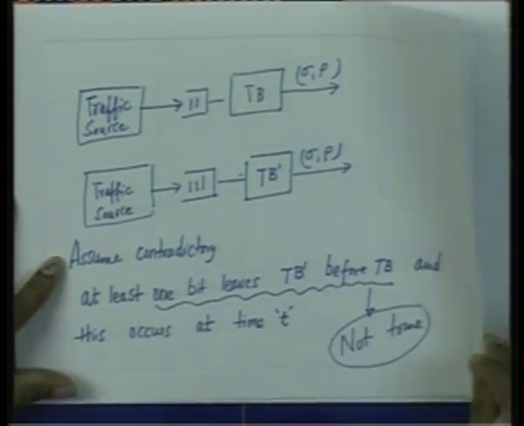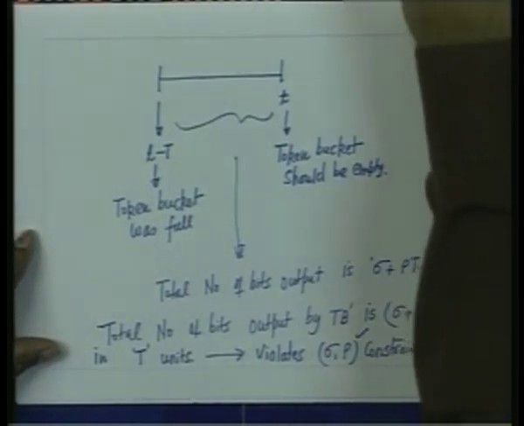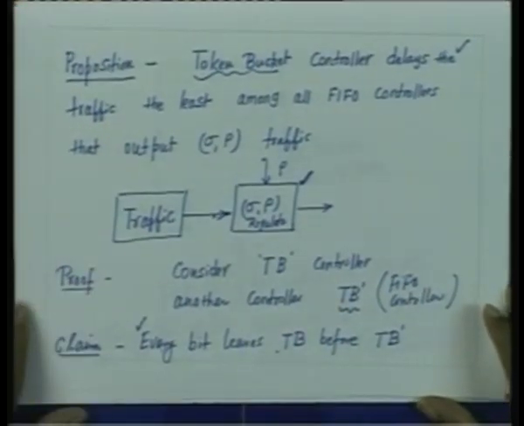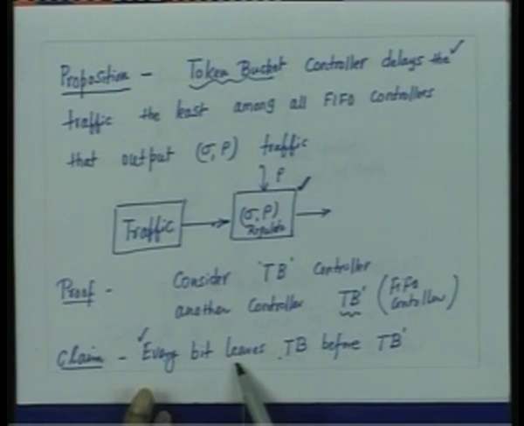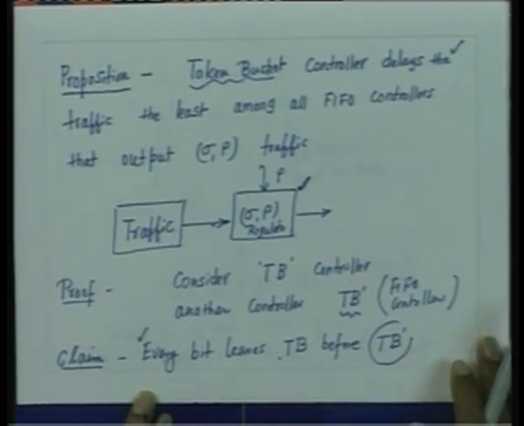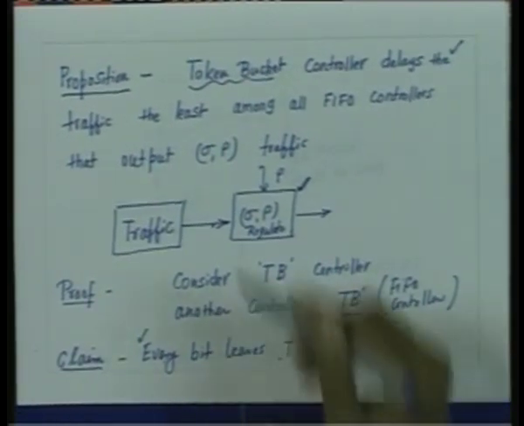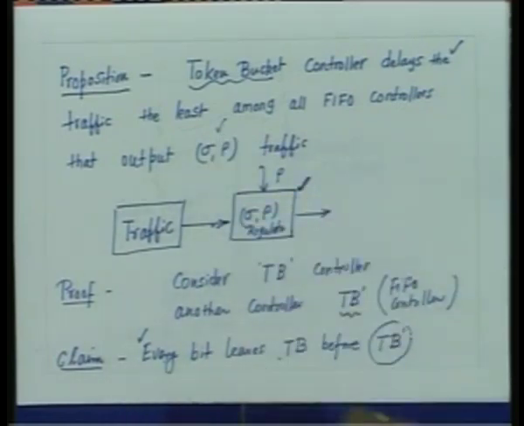So this proves, by contradiction, our earlier claim that every bit leaves the token bucket earlier than any other FIFO controller which is also trying to ensure that the traffic is rho sigma constrained traffic.